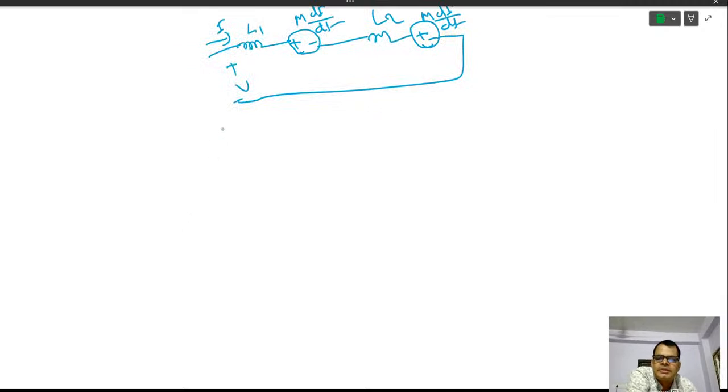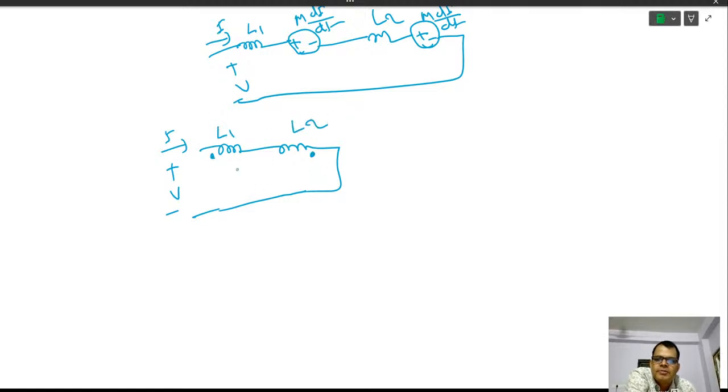Same way, see that I am writing the opposing case. Earlier was called series adding, and this will be called series opposing. See the dot here, dot here. Now the magic will happen. How will it become?